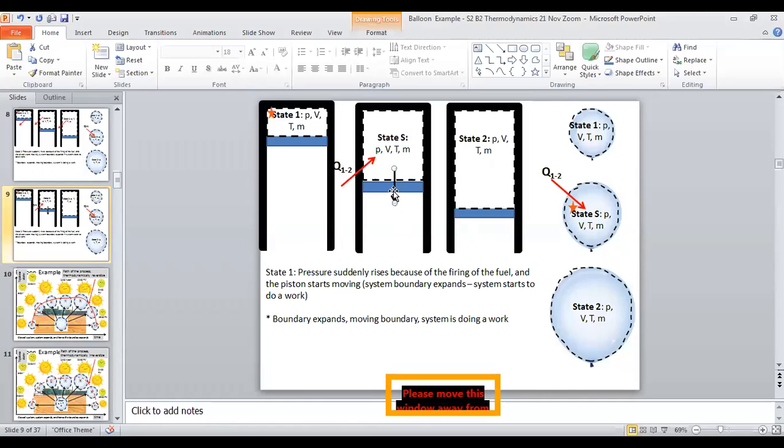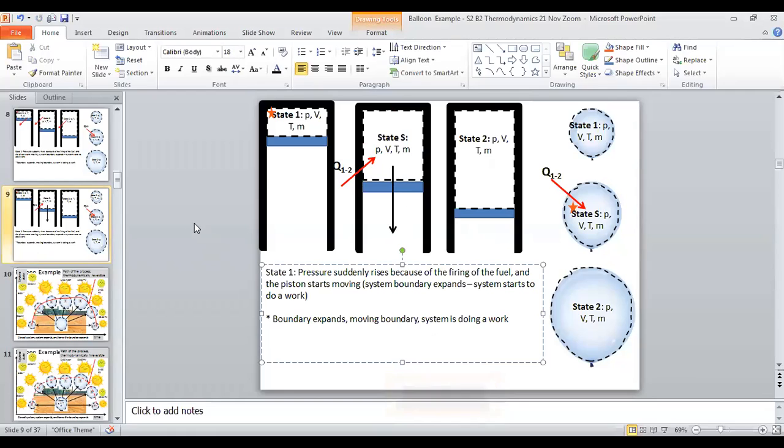There is a work done because of the expansion. But if I follow the sign convention, this W12, let me put it here. First, Q12 is okay for you.